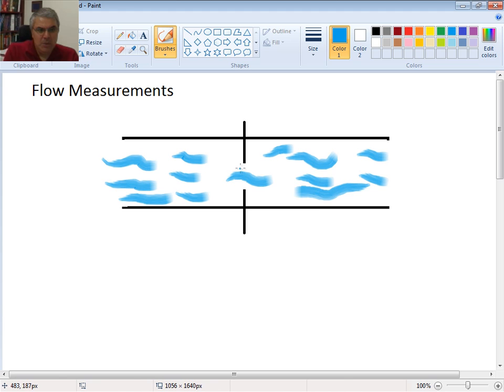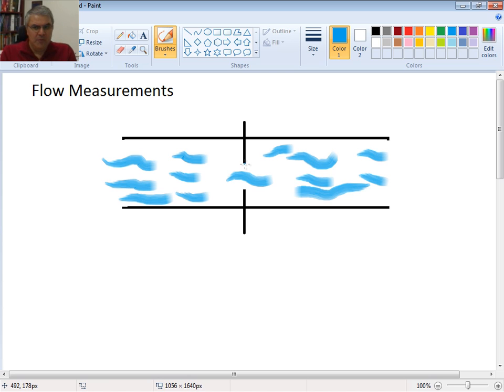So if we would like to measure what would be the flow rate through this opening, if you guys have any questions, a flow rate is really nothing but the quantity of a fluid past a certain point, in this case through our little gate.